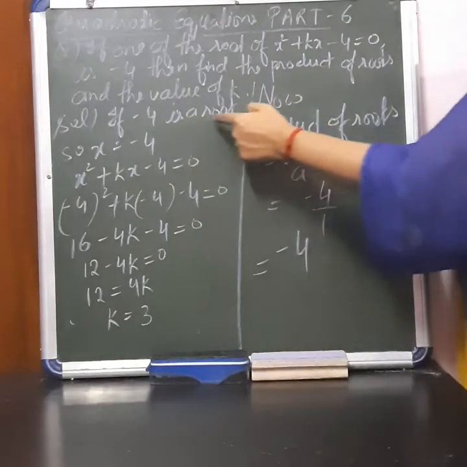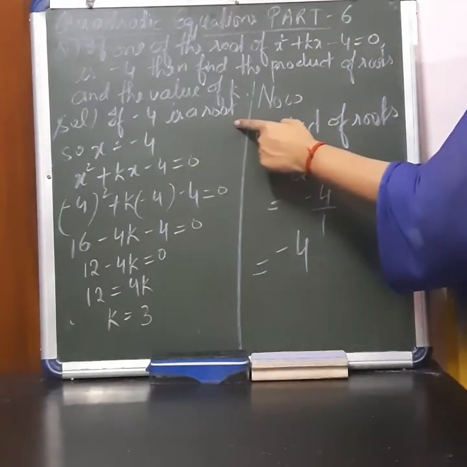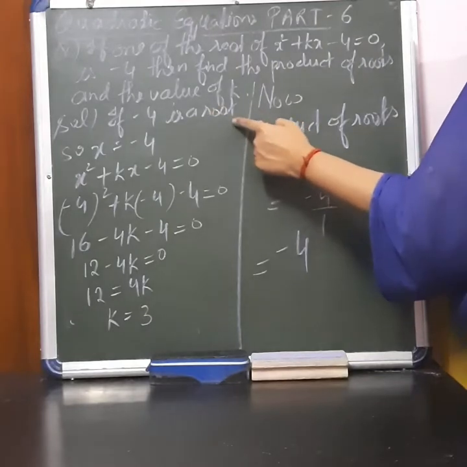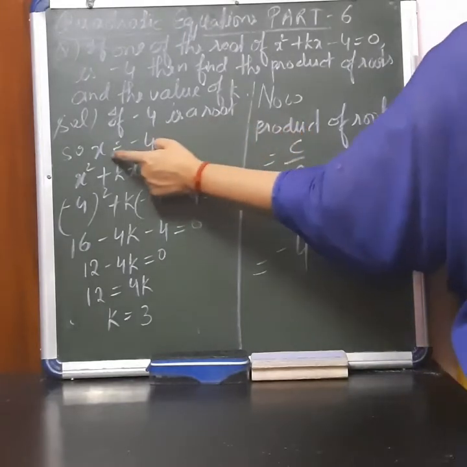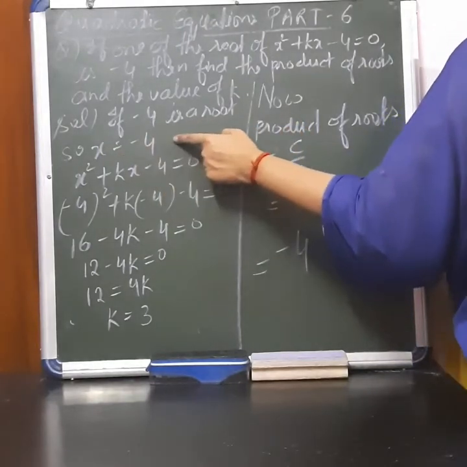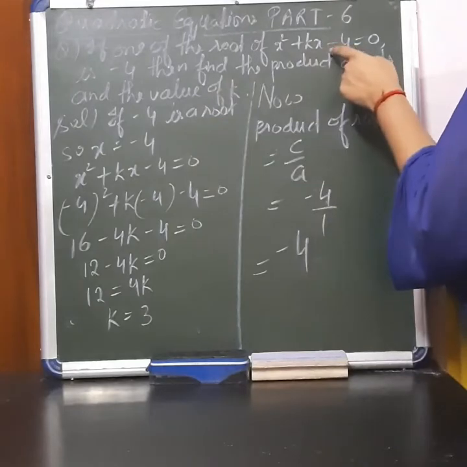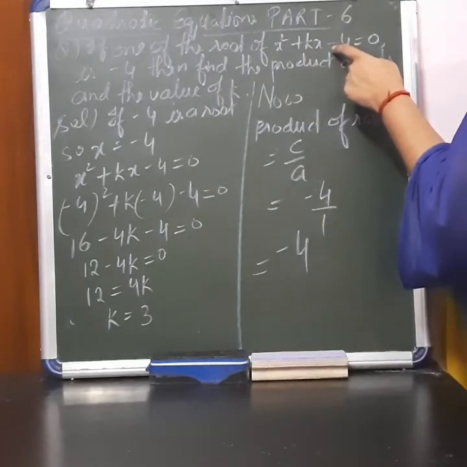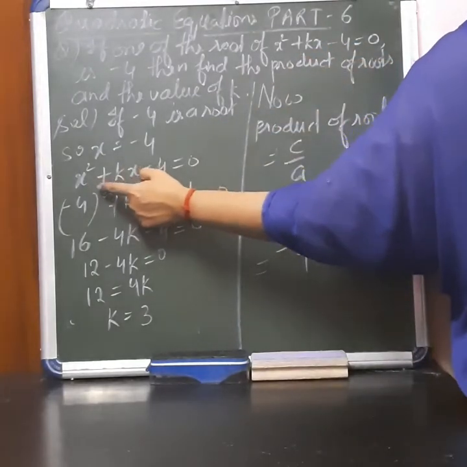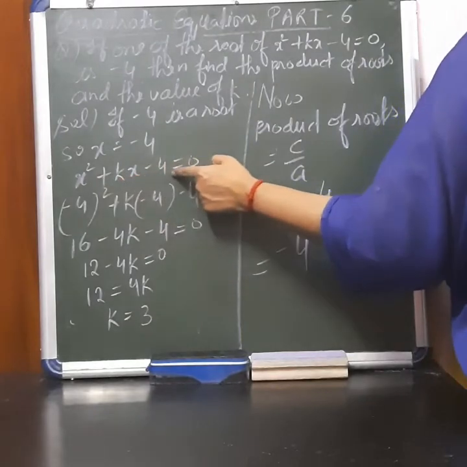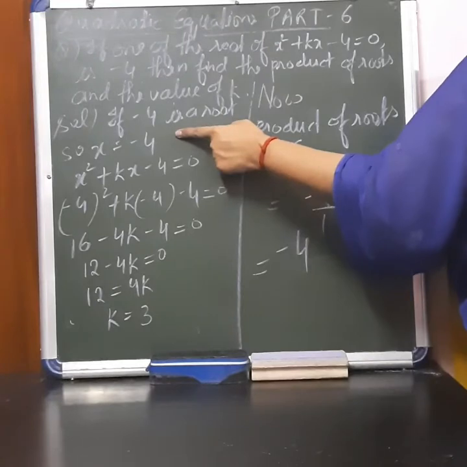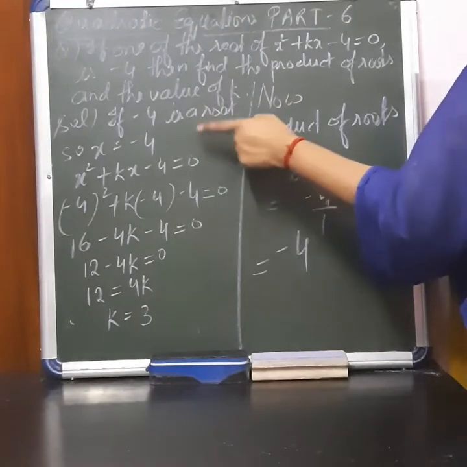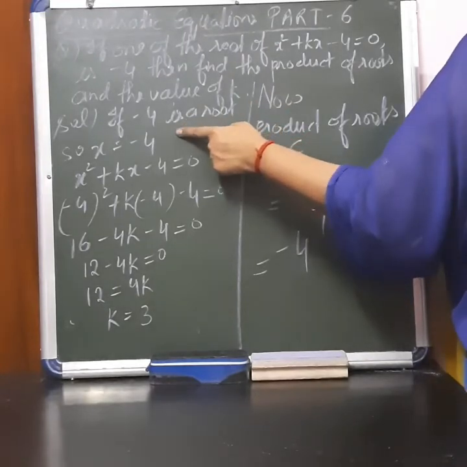So if minus 4 is a root of the given equation, first of all you will write: if minus 4 is a root of the given equation, then the value of x is equal to minus 4, and we will put it in this equation. It means we will write x square plus kx minus 4 is equal to 0 with x equal to minus 4, because one root is minus 4.